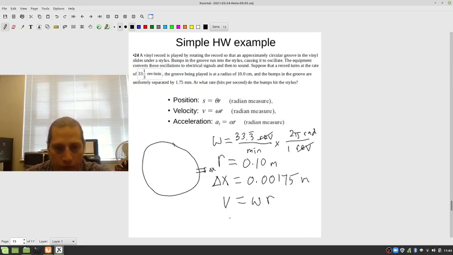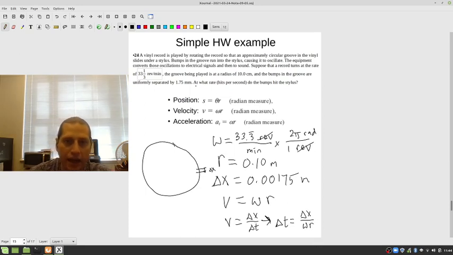Well, the idea here is that V is also delta X over delta T. So if you wanted to find your delta T, it would be delta X over V, so delta X over omega R. And then it asks, at what rate, in hits per second, do the bumps hit?